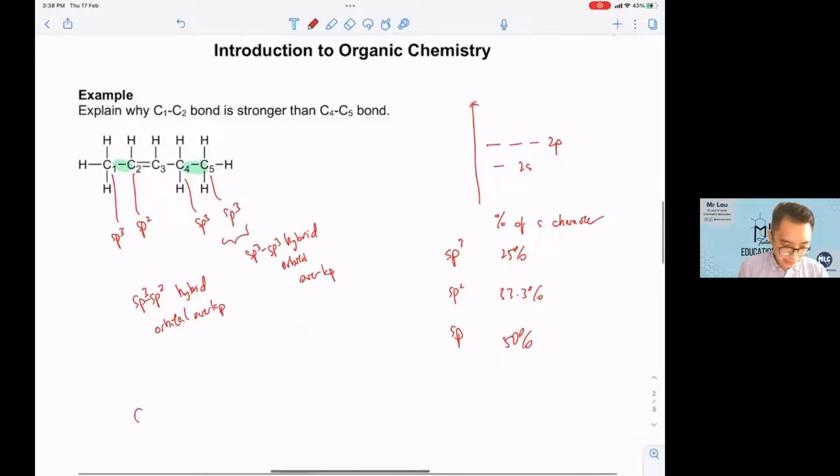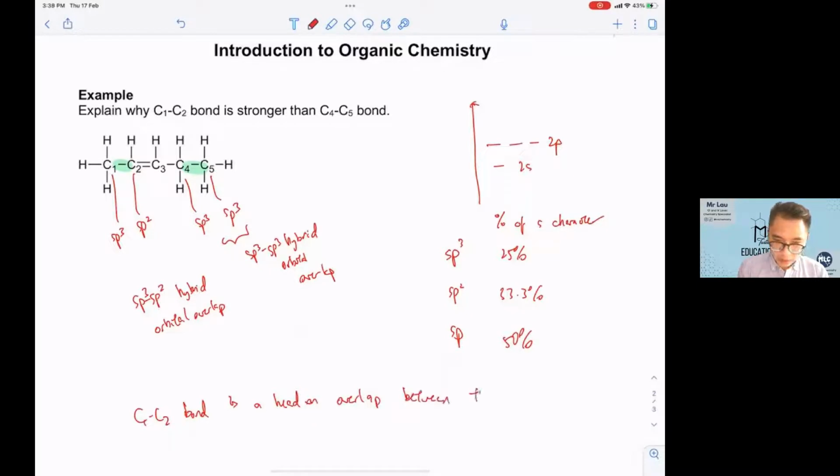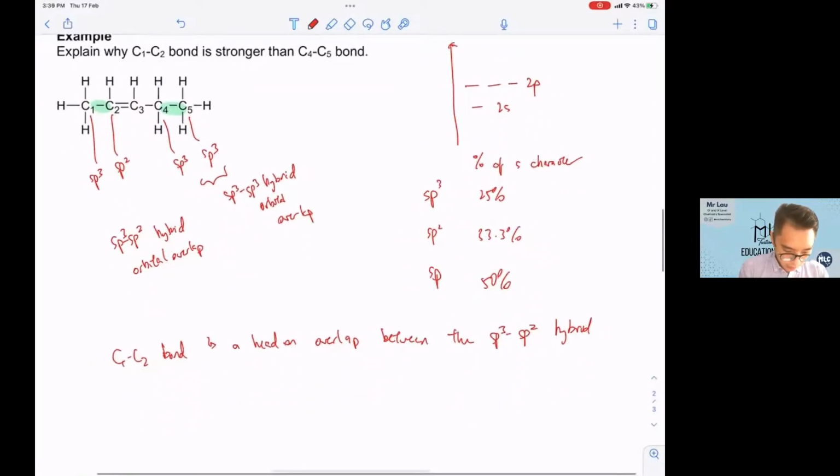We will say that the C1, C2 bond is a head-on overlap between the sp3 and sp2 hybrid orbital, which has higher percentage of s character.